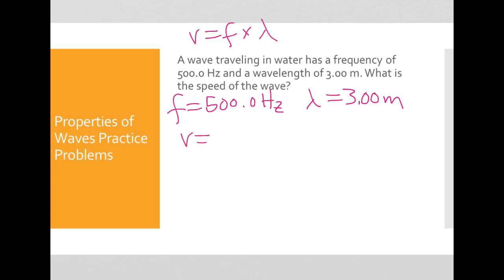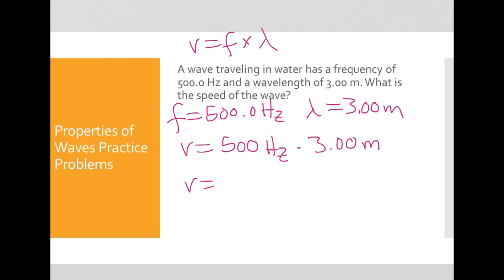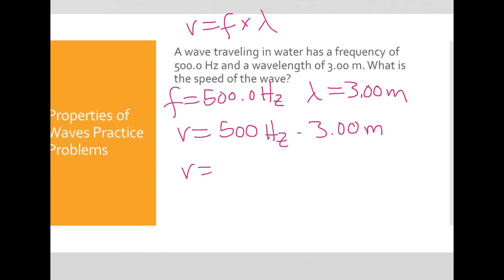So therefore my speed is 500 hertz times 3.00 meters, and that gets me 500 times 3, which is 1500 meters per second. That is the speed of that wave.